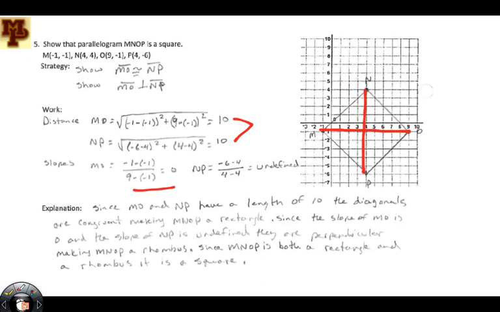Then they did the slopes of the diagonals to show the slopes are opposite reciprocals, or perpendicular, so that makes it a rhombus. So two things make it a rectangle: the diagonals are congruent, or you do what we did and compare the slopes and get opposite reciprocals. Think about that, because you do have some options.